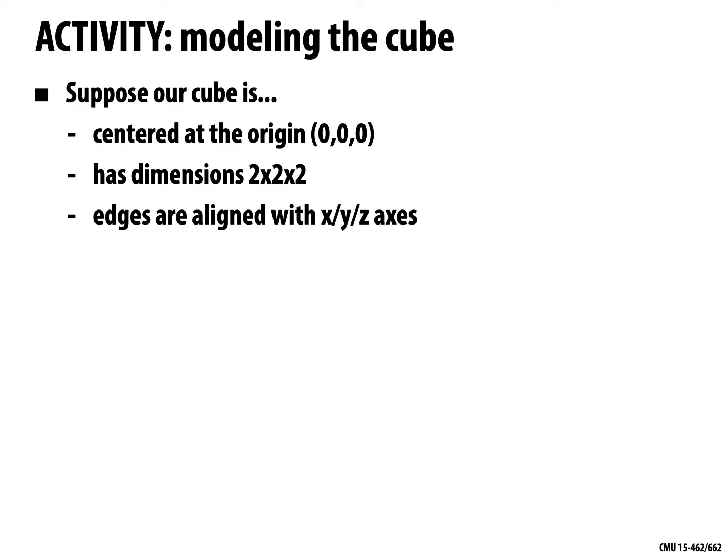So the first question we could ask, how do we encode this? Right? In some sense, we've already encoded the cube. We've given a description of the cube that's pretty precise. We know where it sits in space. We know how big it is. We know how it's oriented. Okay? But this description doesn't generalize very well.